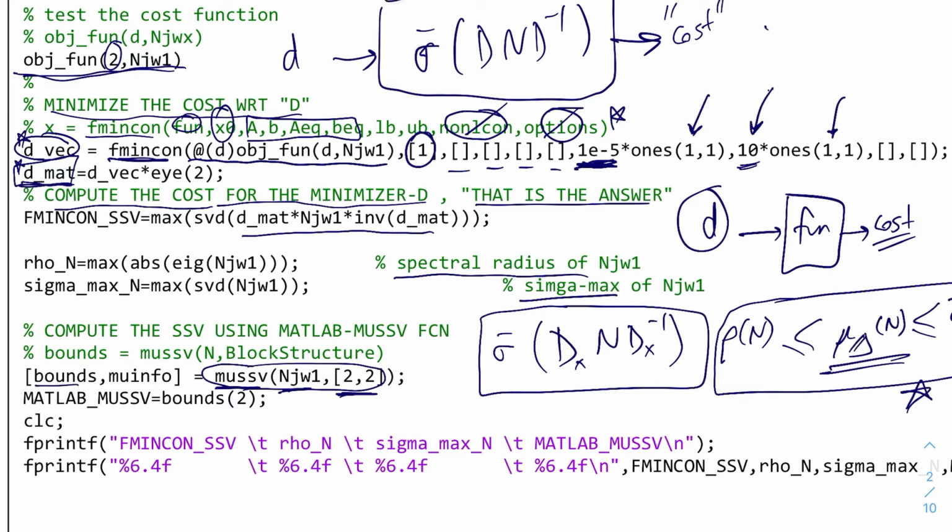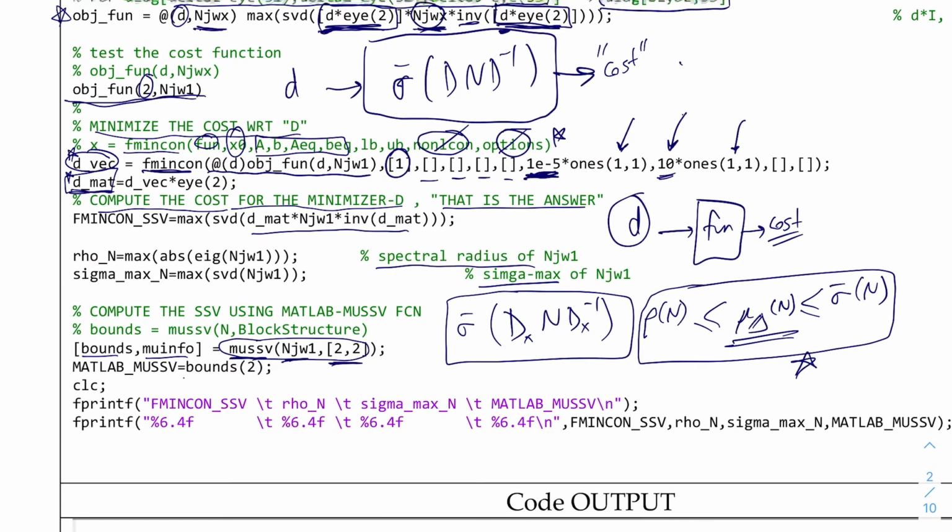After that, it will give us bounds, upper and lower bounds, and also some information, and we will talk about this. After that, we are just interested in the upper bound. Bounds will have 2 numbers, the first number is the lower bound, and the second number is the upper bound.